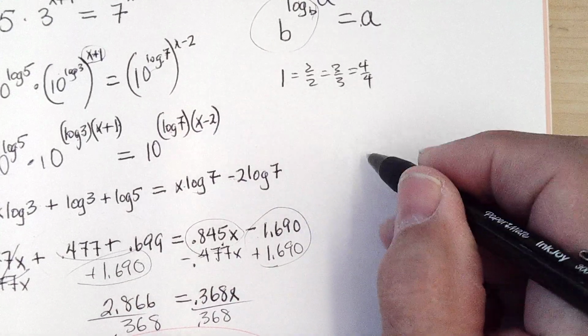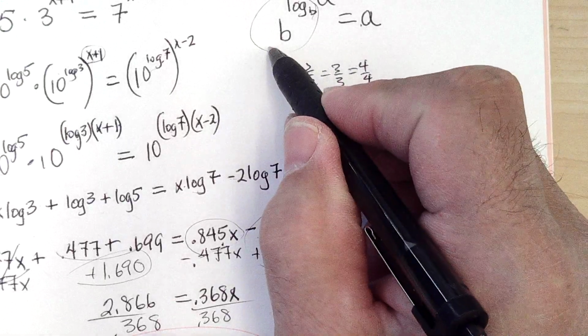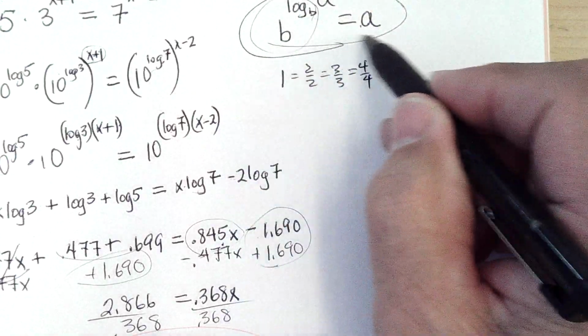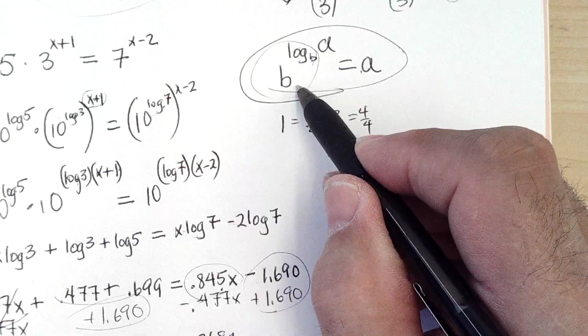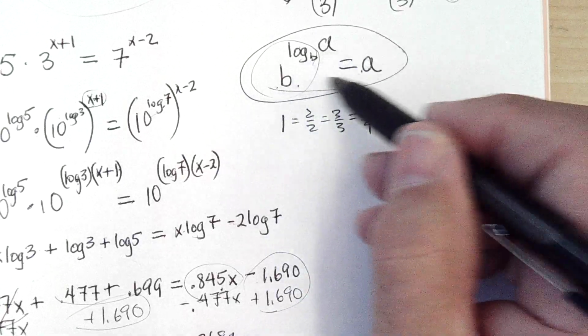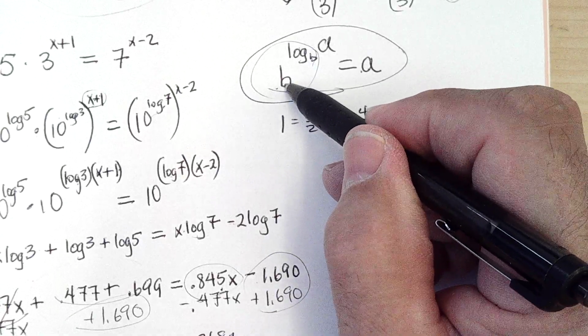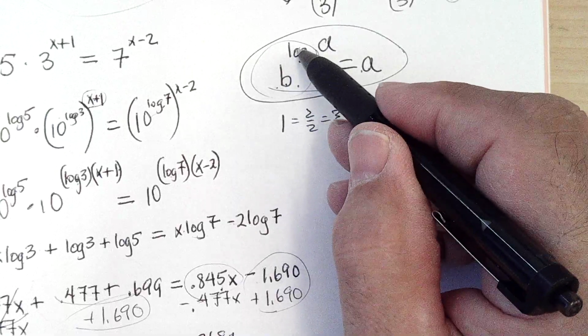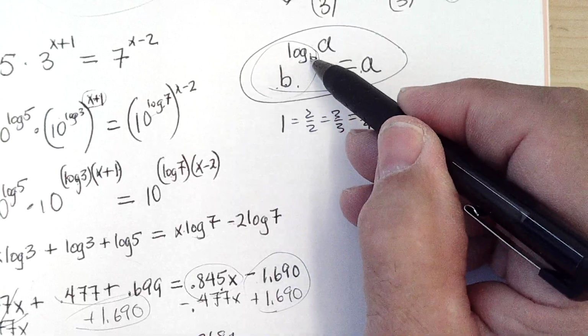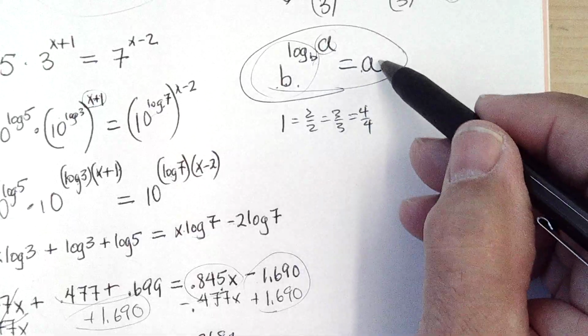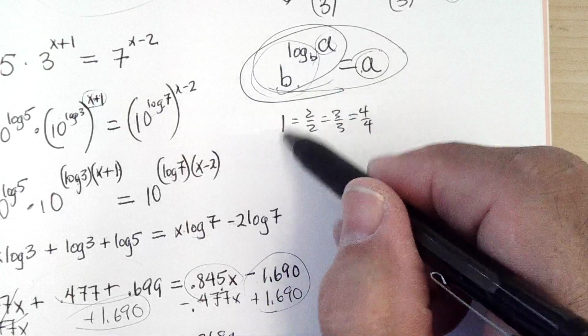We know, first of all, we can write any number in a base, if we just use the base to the log with the same base of that number, as another way to write a number.